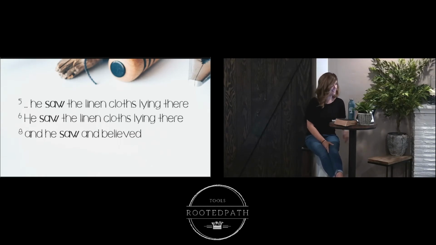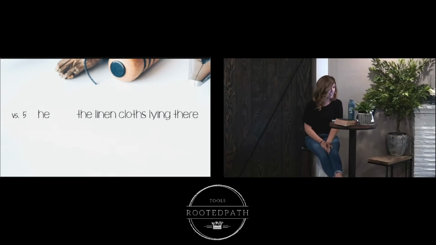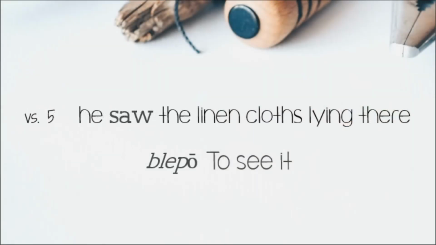Okay, so check this out. He saw the linen cloth lying there. In verse 5, it is blepo. That is totally how you say it. That sounds Greek. But it means to see it. It means what you think it means.